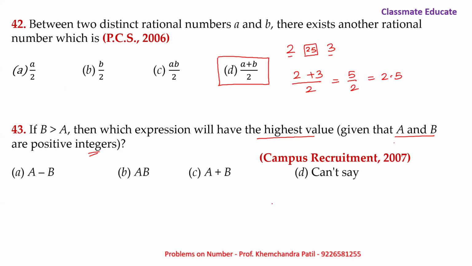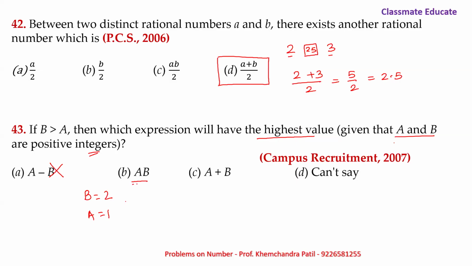Now how can the situation be here? Since B is greater than A, if I am taking the value of B as 2, then I have to take A as 1, because B is greater than A. So A minus B will definitely not be your answer, because you are asked for the highest answer.